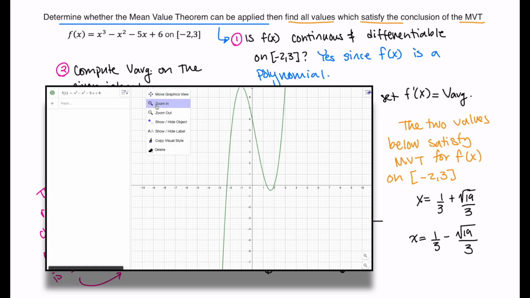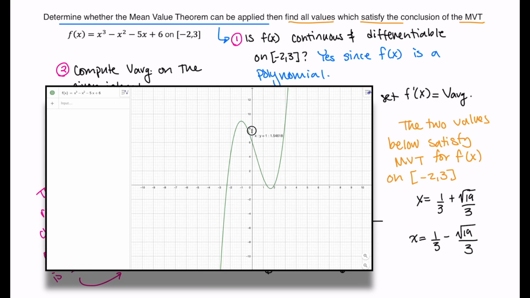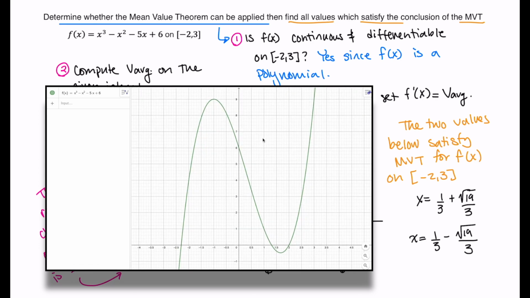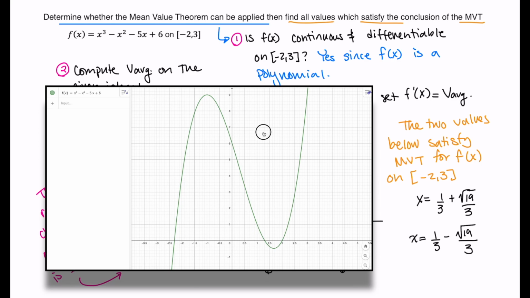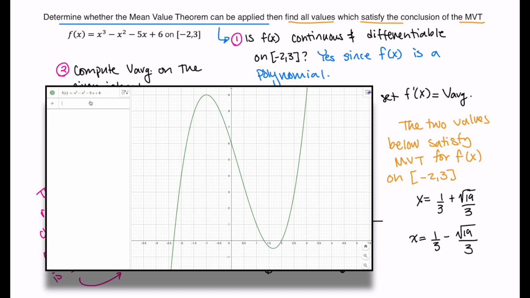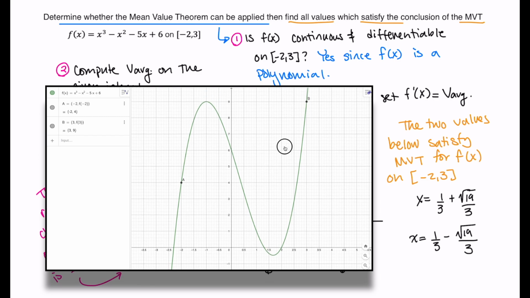And let's go ahead and change the viewing window so I can really just focus in on what's going on between -2 and 3. So here is -2 comma f of -2 right there, the lower value of our interval. And then, of course, we have 3 comma f of 3. There's that other point. And let's take a look at the line between them.